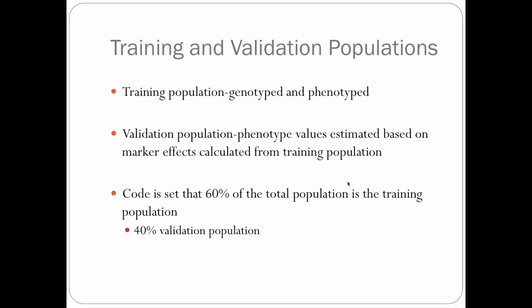So it's the subset of your population that was genotyped and phenotyped. So these are the markers and phenotypes that you're putting into your model. And then the validation population is the predictions based on the model you made with your training population. So it's how you get your phenotypes based on the marker effects calculated from the training population.